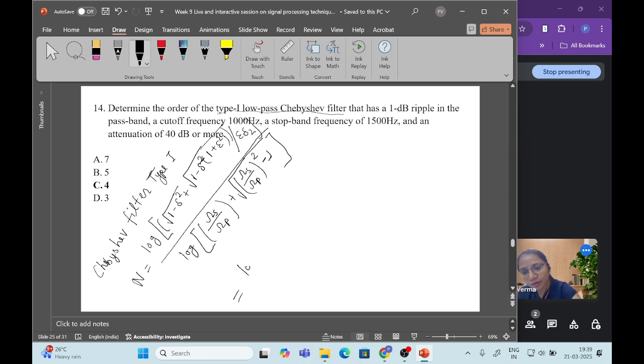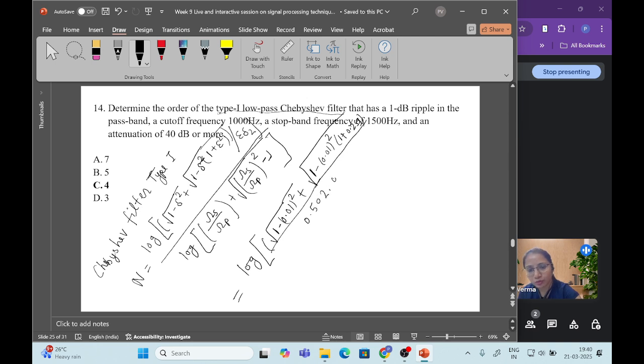So log of 1 minus del square, del value is 0.01 square, plus root 1 minus 0.01 square, times 1 plus e square value, which is 0.259, and divided by e, which means 0.502, into del 2, that is 0.01.